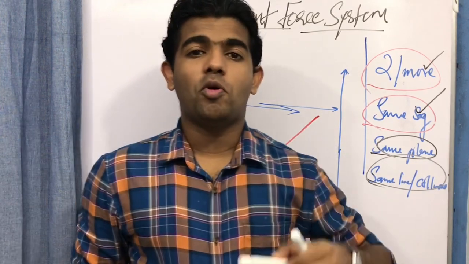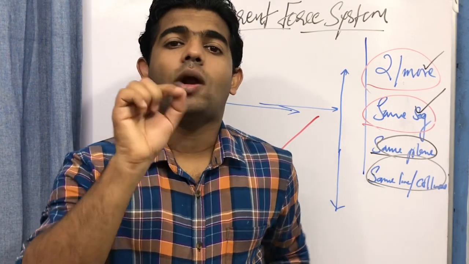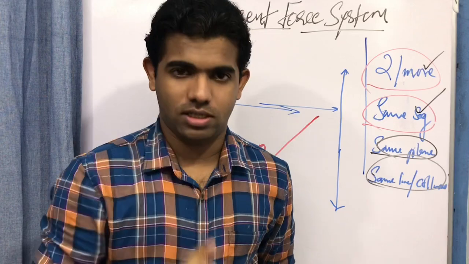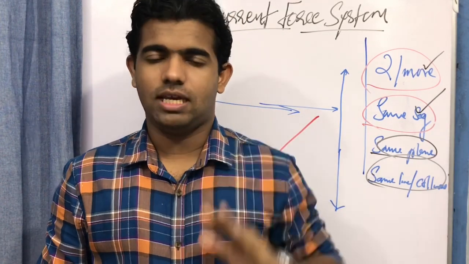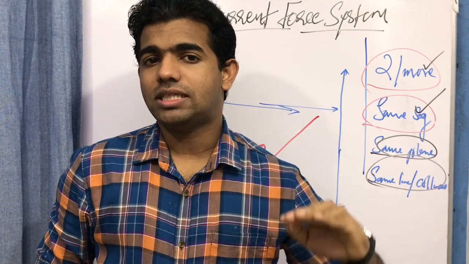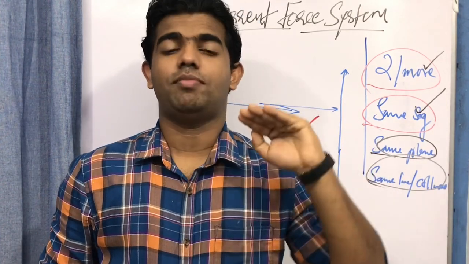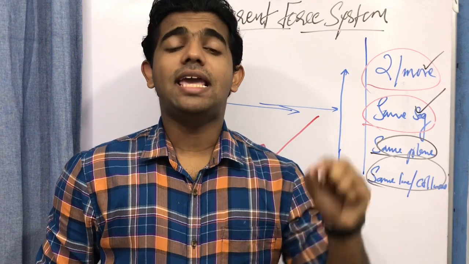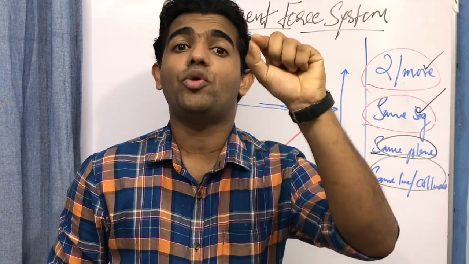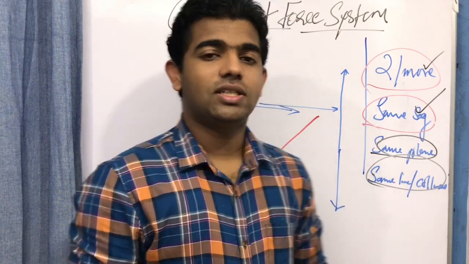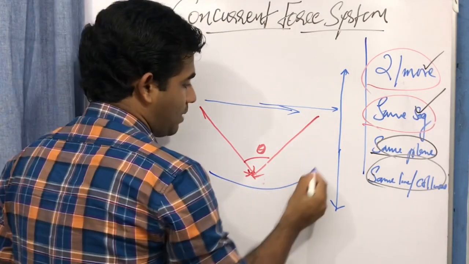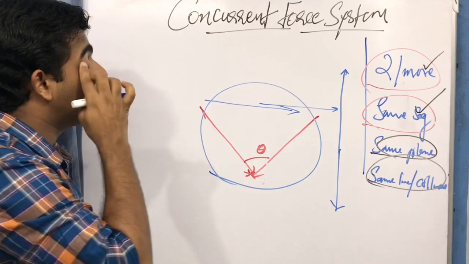So define with me, how can you define a concurrent force system? When two or more forces act on the same segment or object. We are taking our reference as the human body, so we take it as the same segment. When two or more forces act on the same segment and lie at an angle to each other, then such forces become part of the concurrent force system.